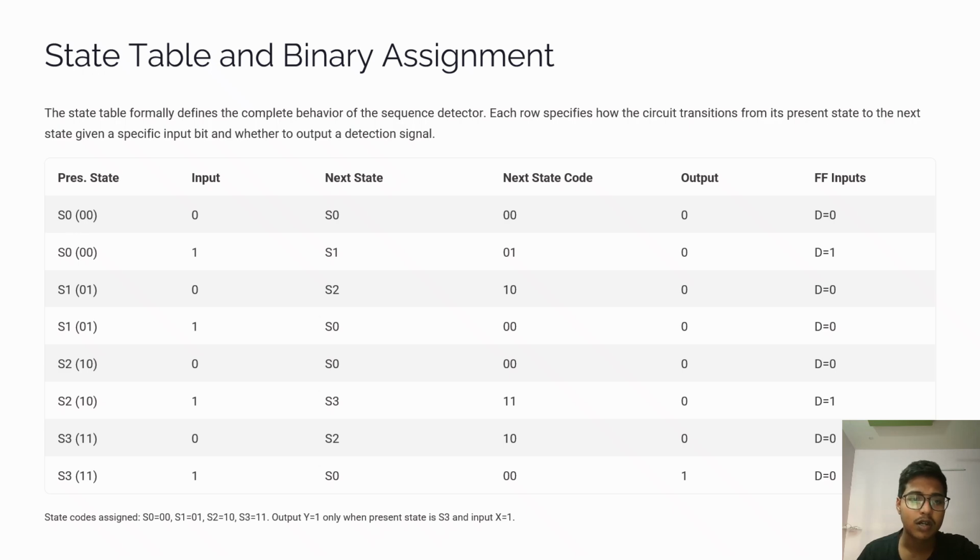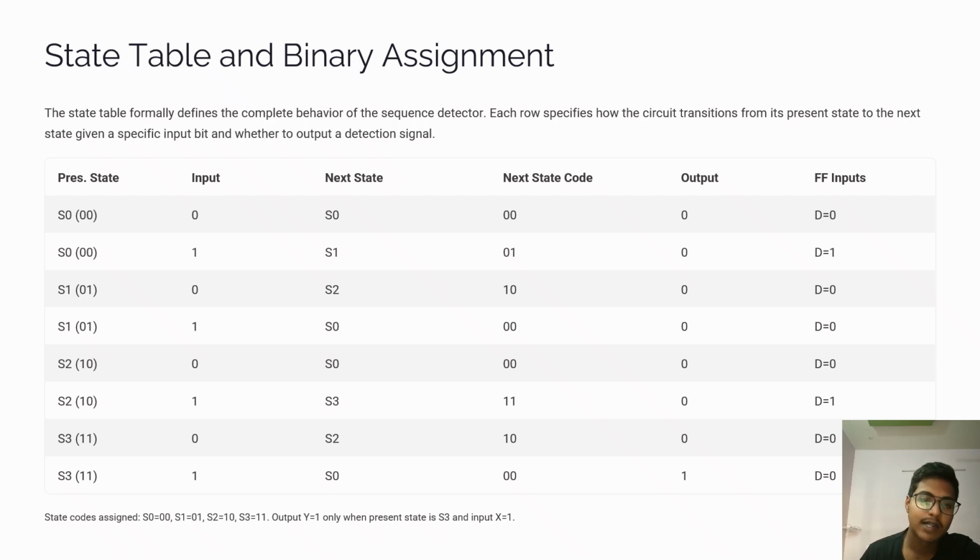For instance, if the present state is S3, meaning we have 101, three digits, and the next input bit is 1, the next state will be S4 and the output is equal to 1. Then binary codes like 00, 01, 10, 11 are assigned to the states, so we can implement them using flip-flops.